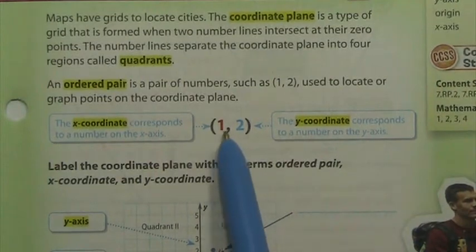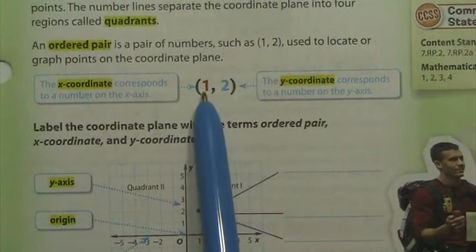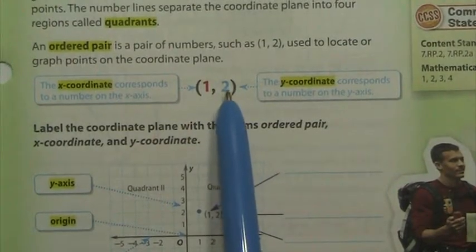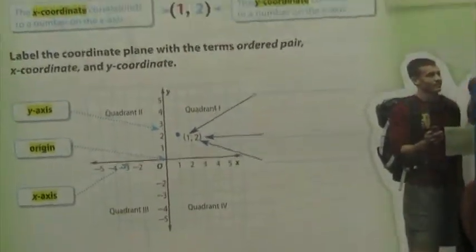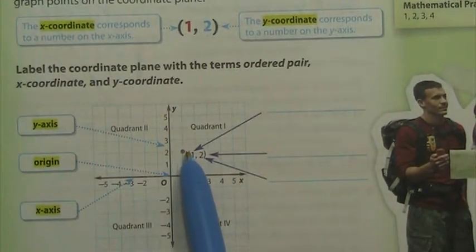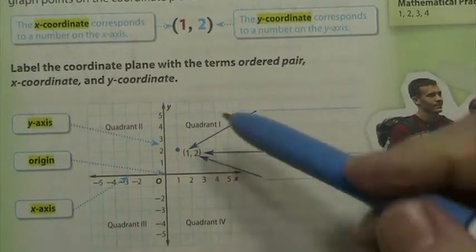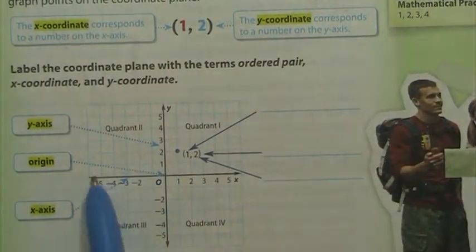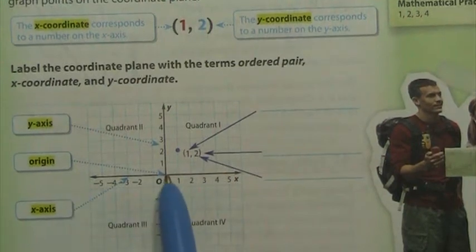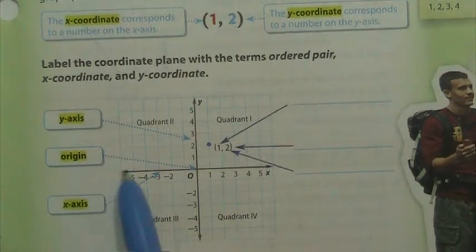So for example, 1, 2, remember you go sideways first. You go on the x, 1, and then up 2. And so looking here, you would go over 1 and up 2. And that is point 1, 2. Okay, and this is our y-axis. This is our x-axis, and this point right here in the very center is called the origin.